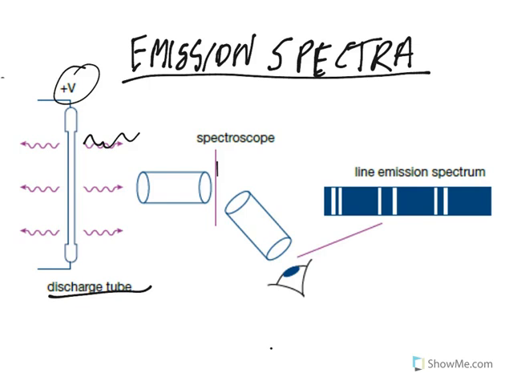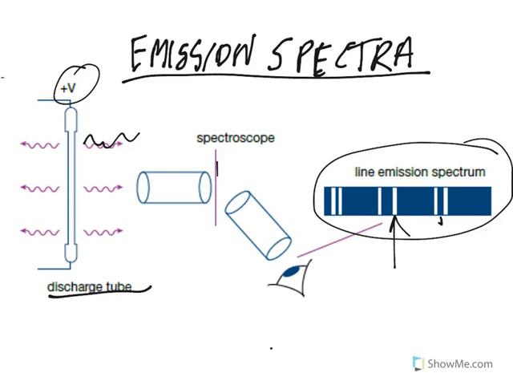And then what we notice is that there's what we call a line spectrum. So we get these, they're shown in white here, these bright lines of colour. Now these bright lines of colour are not random, but they're colours relating to the movement of the electrons between the energy levels.